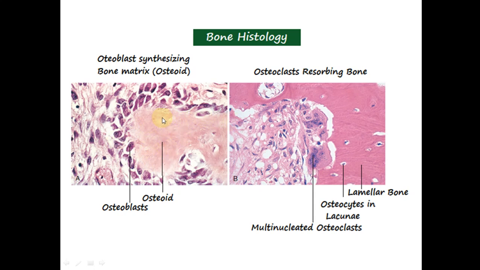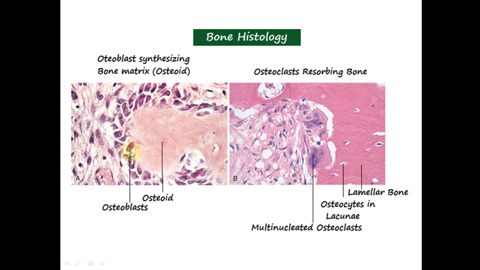This is the site where later on calcium and phosphate will be deposited and the bone will become mineralized. The second type of important cells are the osteoclasts, and in this microscopic picture we can see two multinucleated osteoclasts that continue to resorb bone.